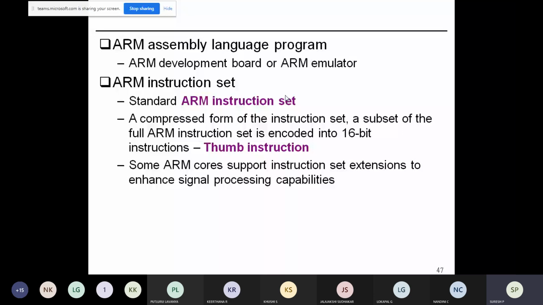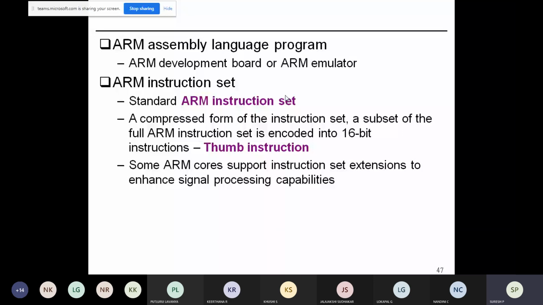Now if you take the same instruction set and run it in Thumb instruction mode, what is the compressed form of the instruction set we have? It is nothing but a subset of the full ARM instruction set encoded into 16-bit instructions. The same instructions are compressed. So when your processor is running in the Thumb instruction set, each Thumb instruction is encoded into a 16-bit instruction.